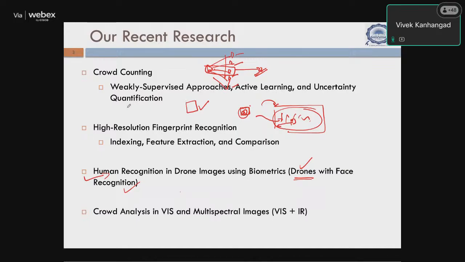We've also extended this crowd counting work, where we relied mainly on visible images. I believe you're familiar with image acquisition: there are different kinds of image acquisition devices.